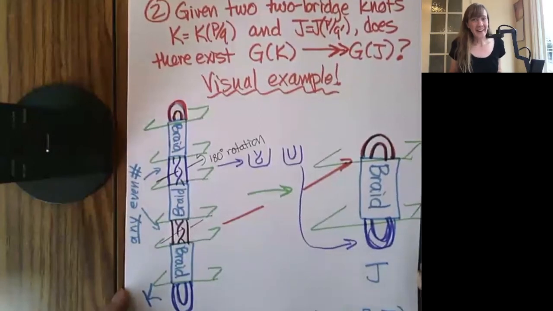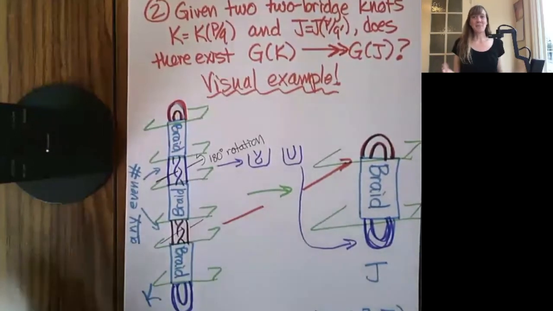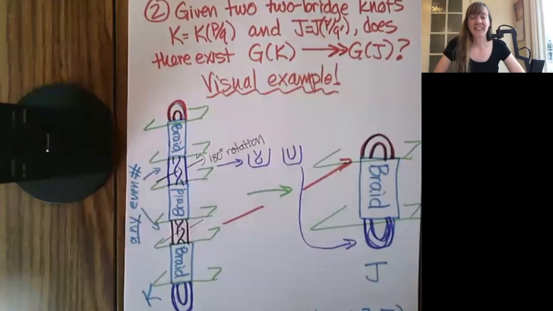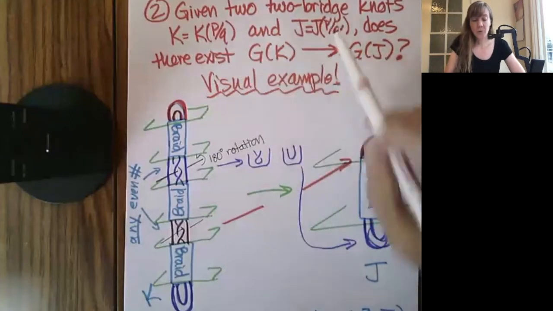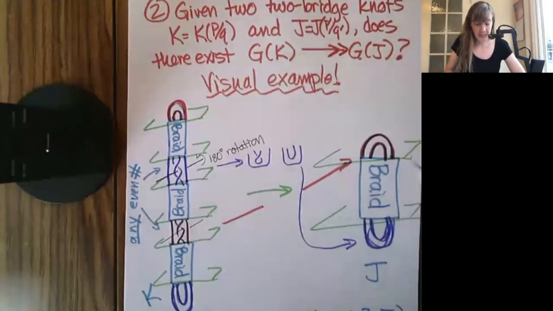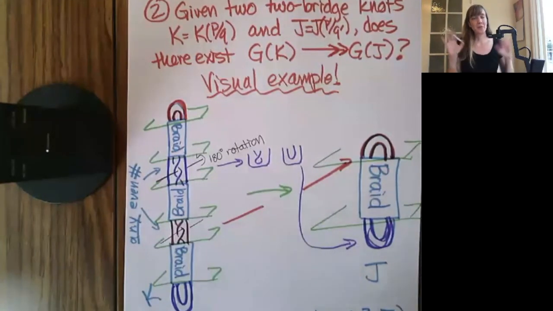The reason why I was so excited to show you this example is that actually, the amazing thing is this is the only such example. If you have any two bridge knots that have this relationship, it has to fall into this template. This is a result that was proved by a large number of people in stages.